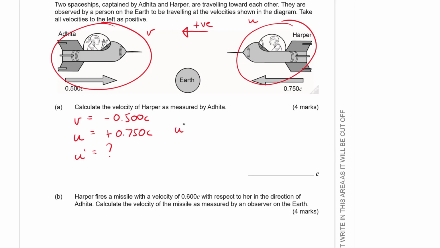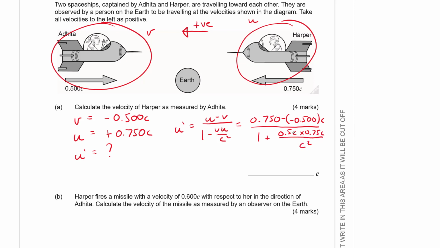So it's not terribly difficult to apply. The mistake, if anyone makes mistakes, is usually done by now, because you might have misinterpreted the question or put the wrong value in. So if you put that through, you end up with c over 1 plus 0.5 c times 0.75 c over c squared.